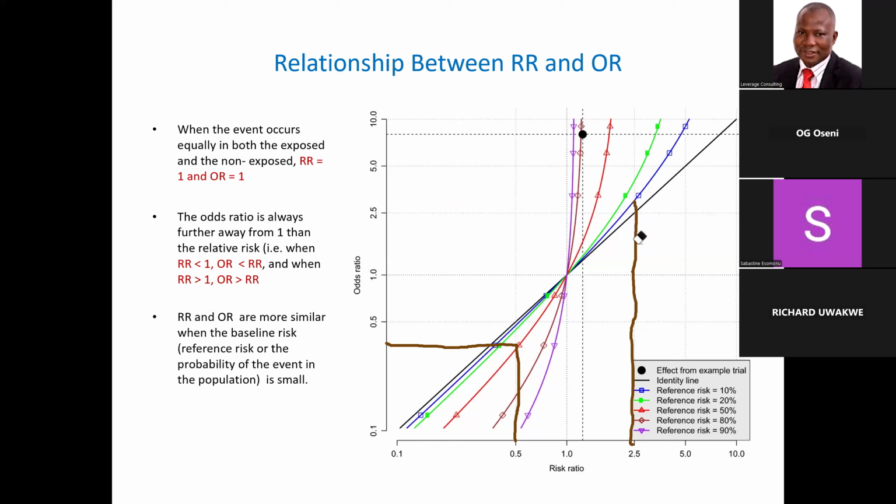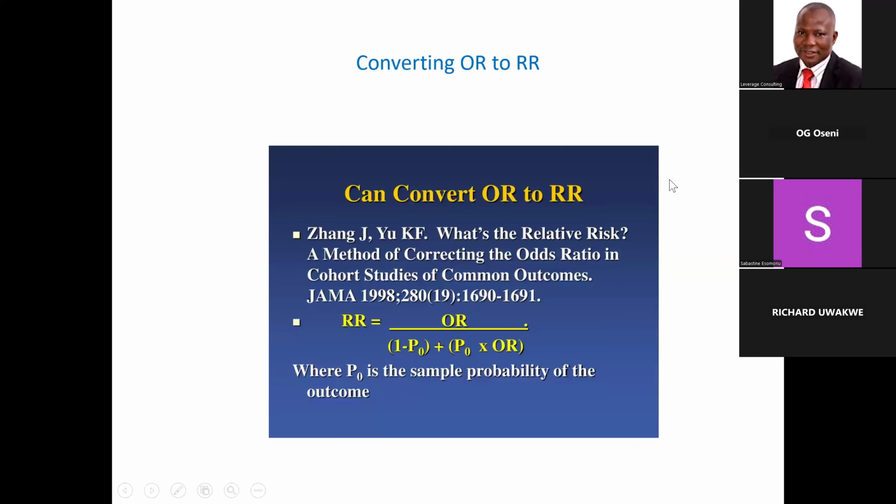I don't know if there's any question before I go to the next one, judging association. Many a time, you know that it's more difficult to conduct a study that will calculate relative risk.